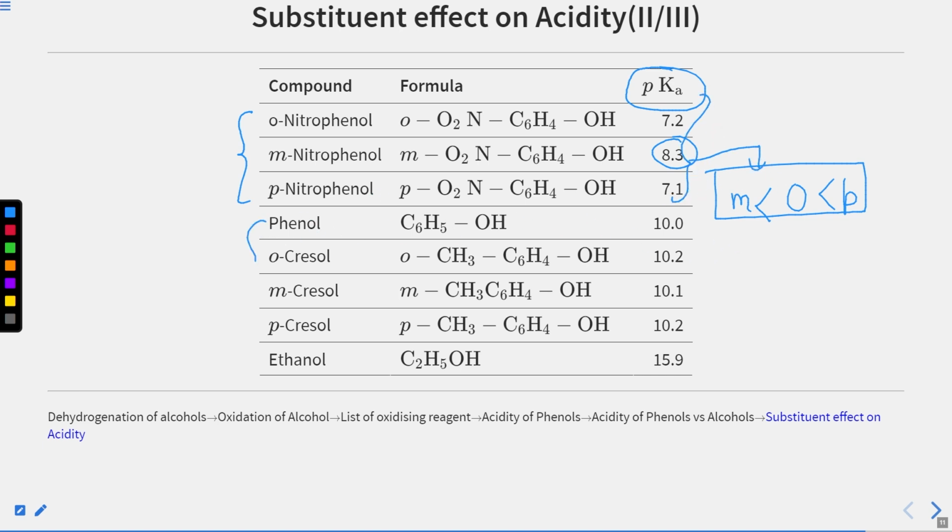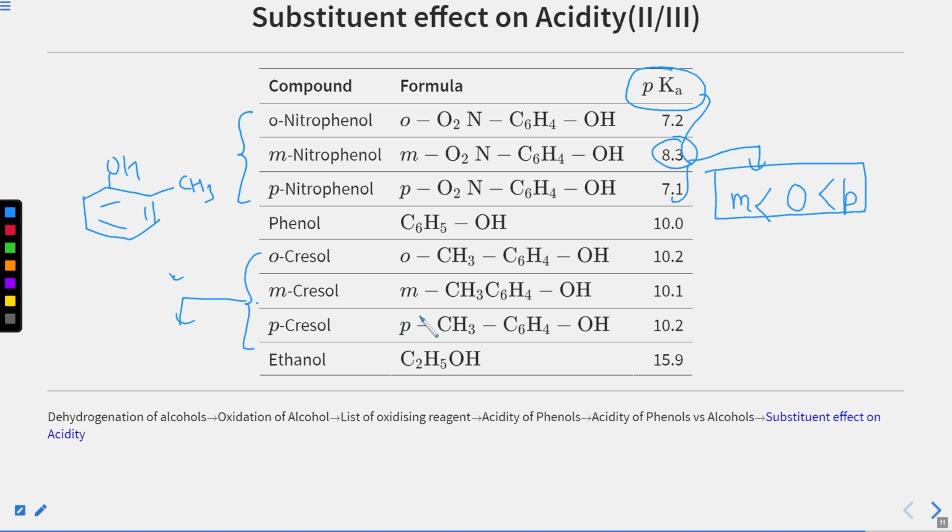Now if you look at cresol, basically cresol looks like this. So this is orthocresol, sorry. If it is orthocresol, it means we have a CH3 group on the ortho position. Clear?